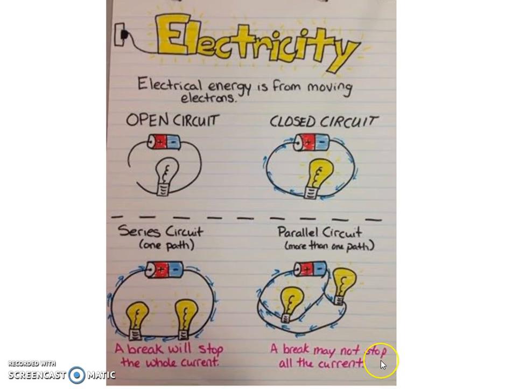For example, I could cut this wire right here. This may stop one of the bulbs, but not both. As well as here, if you were to cut this wire, this bulb will not work, but this one will because there are more electrons going along this path.